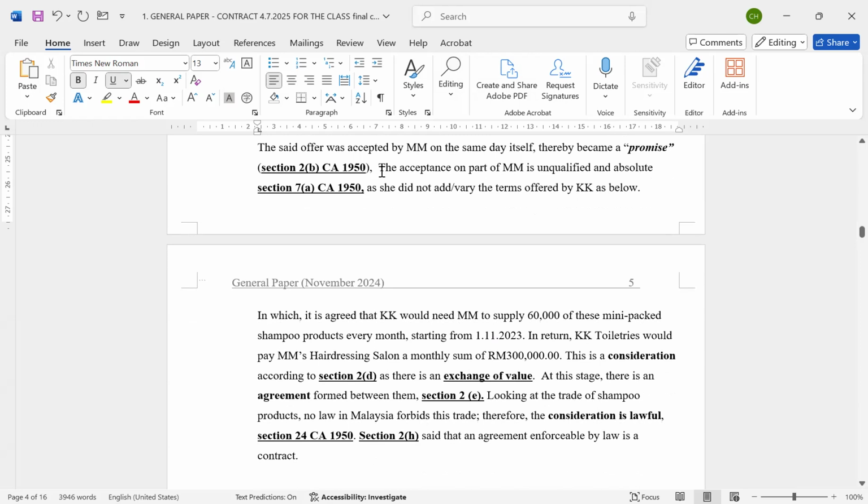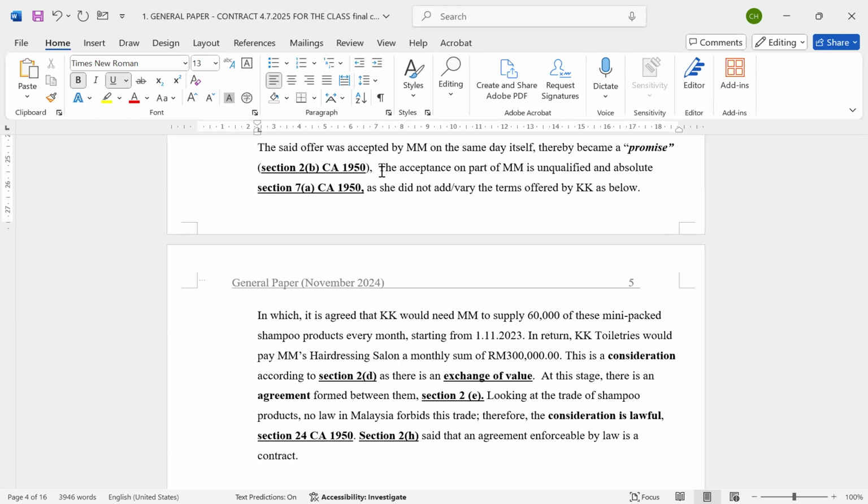Okay, this acceptance on the part of MM is unqualified and absolute. Why I said so? When KK lays out the 60,000 units of 50 ml mini size pack shampoo with good quality, and he is going to pay the amount of 300,000 ringgit per month, there is no variation.